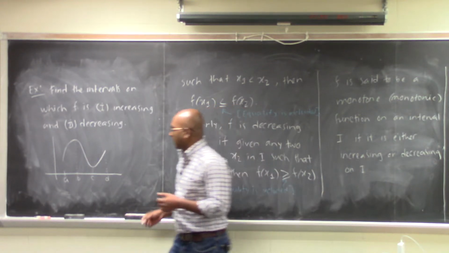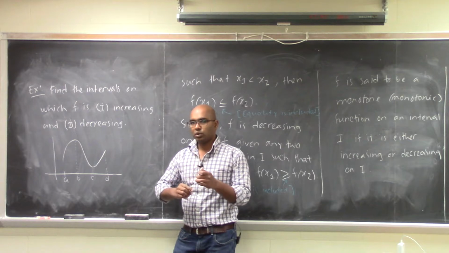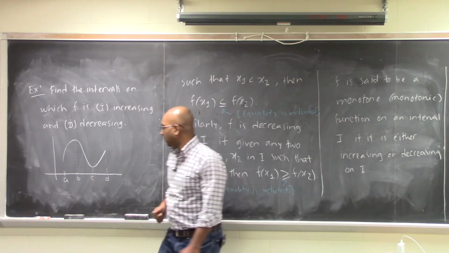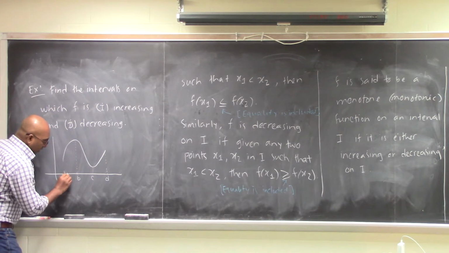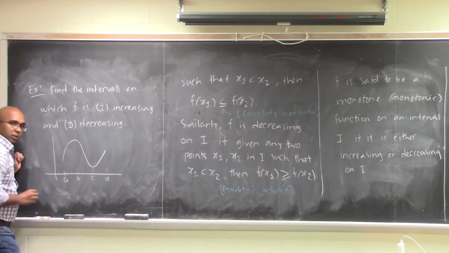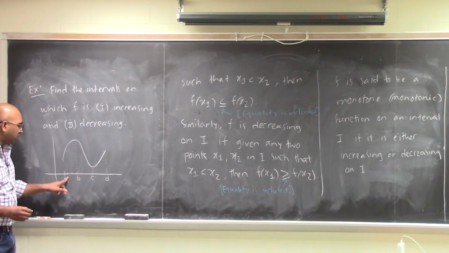So notice you need to see whether the function makes bigger inputs to bigger outputs, right? Okay, now if you look at this interval a to b, let's say this is one of your inputs and that is the other one. Okay, now between these two inputs, which one is the bigger one?